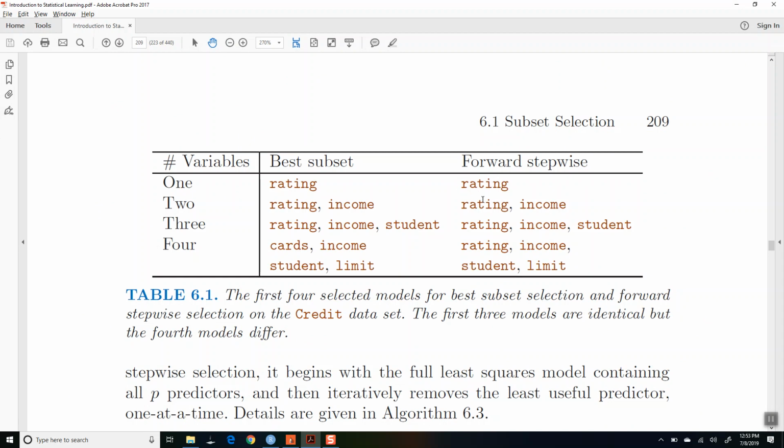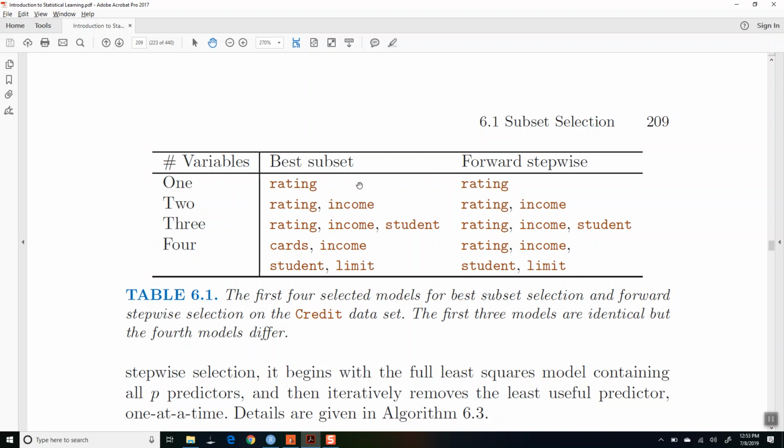With rating locked in, they tried every variable, and income was the next most important. That gets locked in, and with three variables, student was the best. With four variables, rating, income, student, and limit is what you would select with forward stepwise selection.